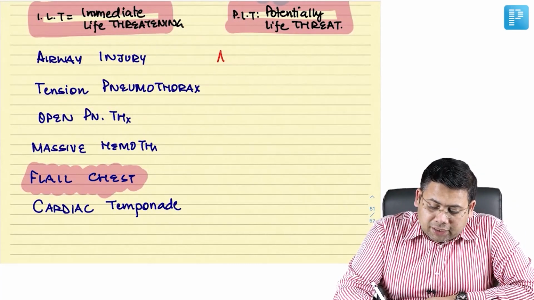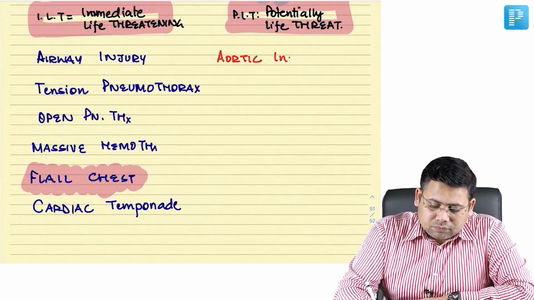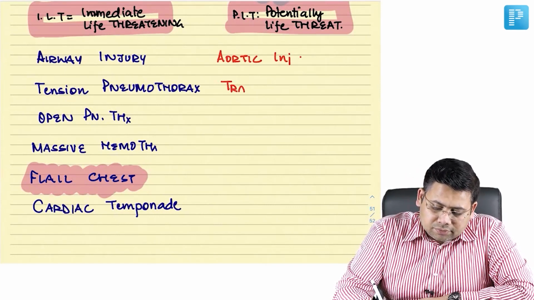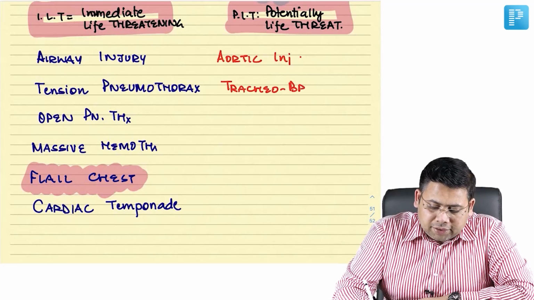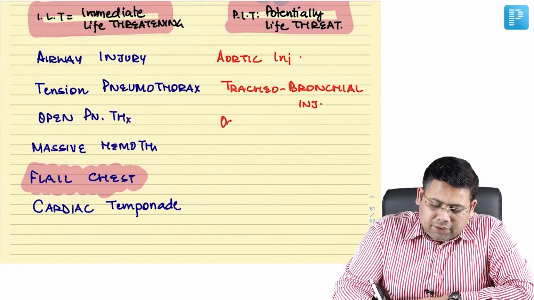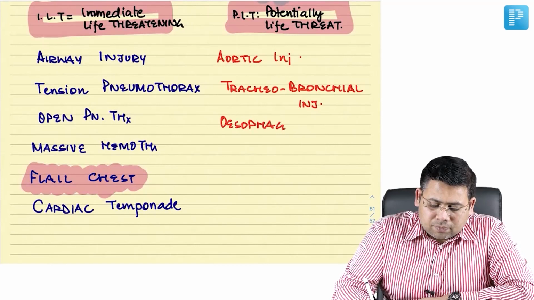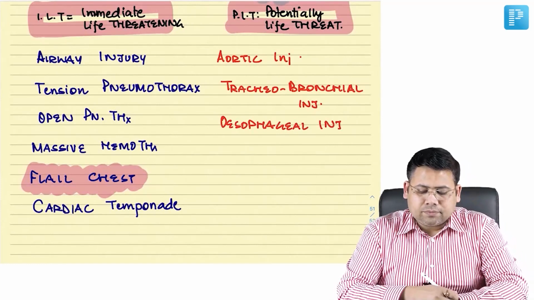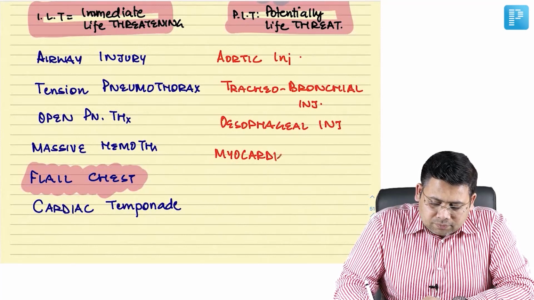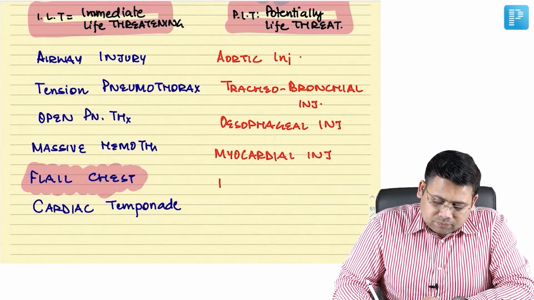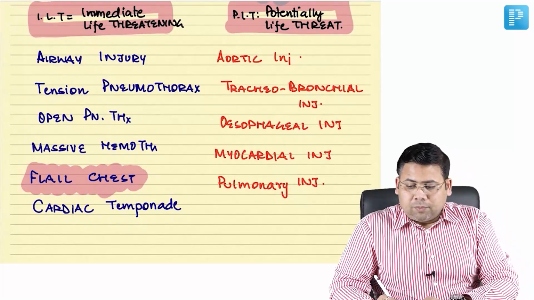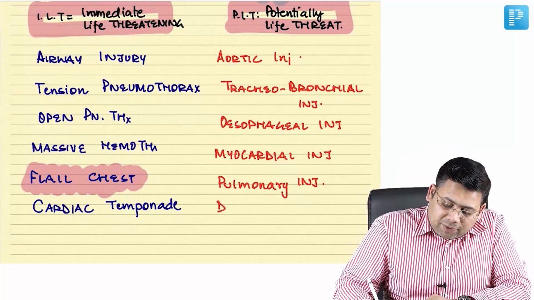We have aortic injury, tracheobronchial injury, esophageal injury, myocardial injury, pulmonary injury, and D is your diaphragm injury.